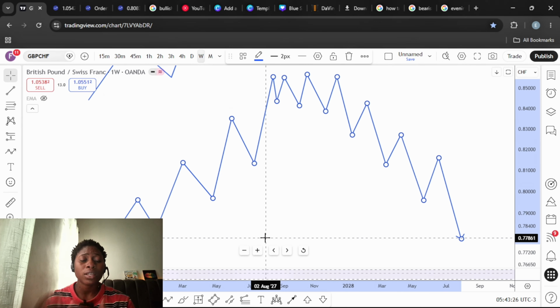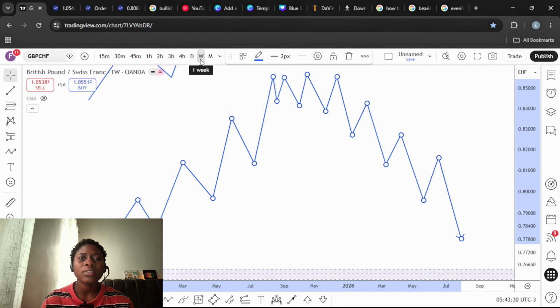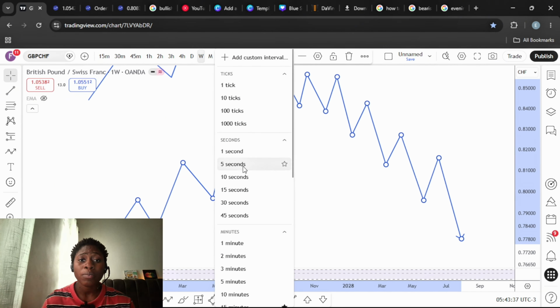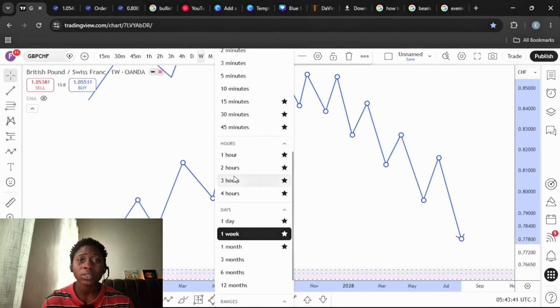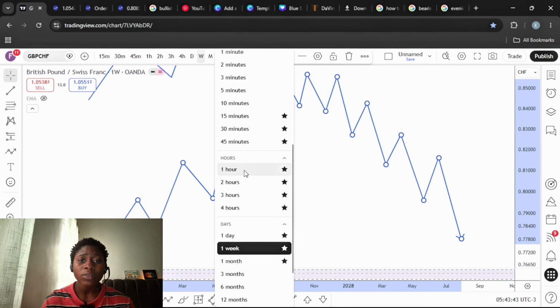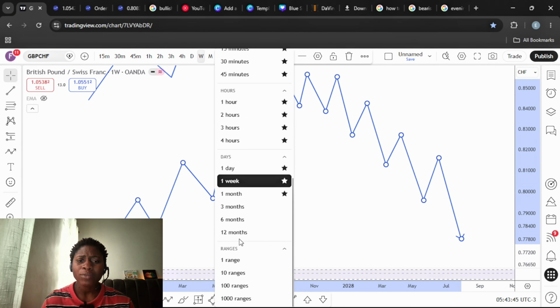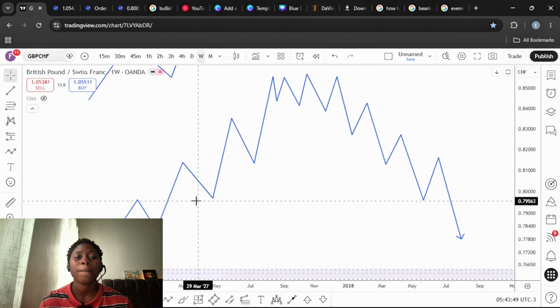The market moves in fractals. If you notice with my chart, there is the weekly, there's daily, there's 4 hours, 3 hours, 2 hours, 1 hour, up to 15 minutes. And there are even more categories of time frames. We have the 1 second, 5 seconds, we have 1 hour, we have 12 months, 6 months, 3 months, just like that.